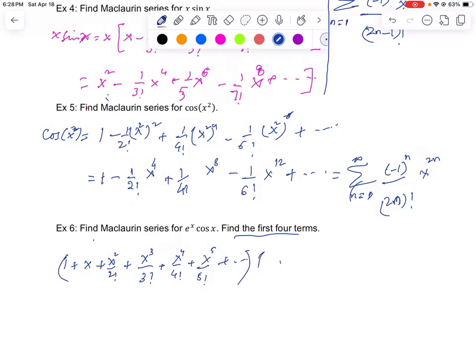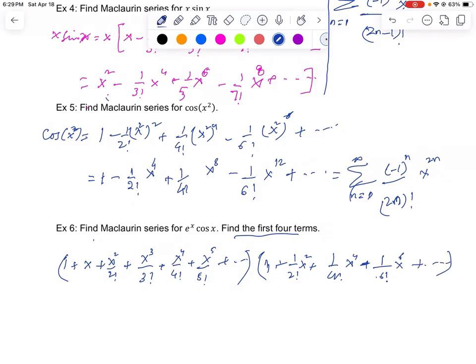And the cosine x we just saw is 1 minus 1 over 2 factorial x squared plus 1 over 4 factorial x to the 4, so alternate signs, minus 1 over 6 factorial x to the 6 plus dot dot dot.